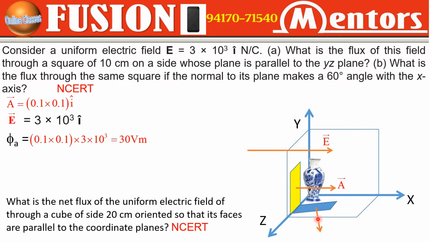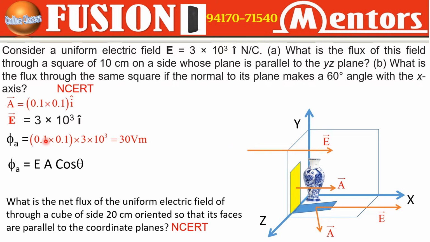Electric field and area vector. This area vector is making an angle of 60 degree with x-axis. 60 degree with x-axis means 60 degree with electric field too, because electric field is pointing along positive x-axis. Okay, so angle between A and E is given to be 60 degree now.